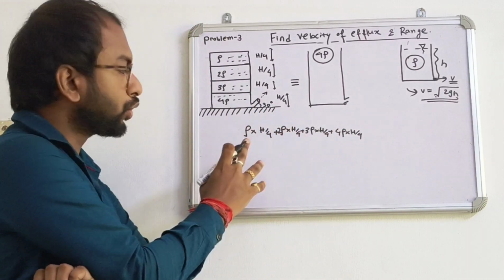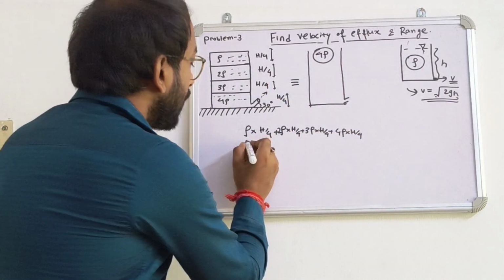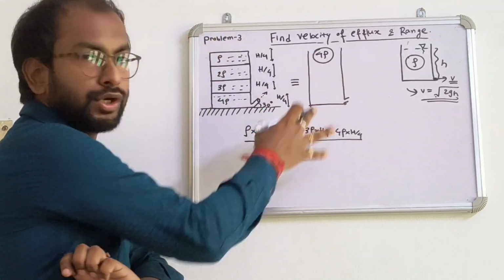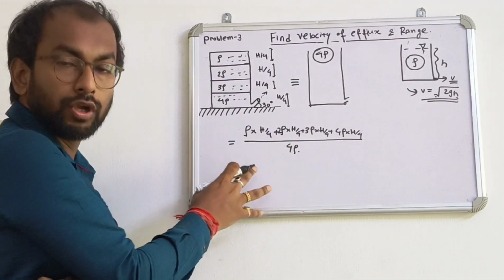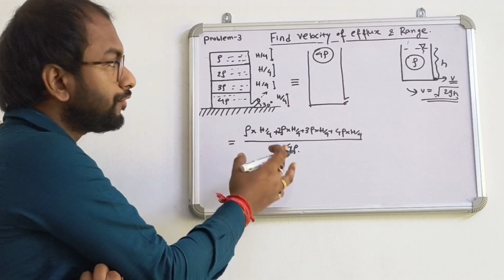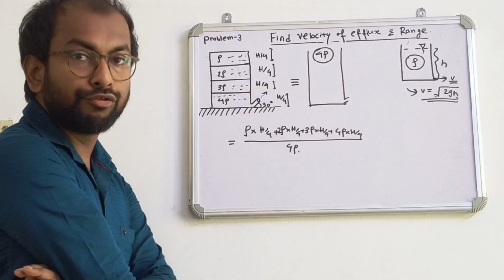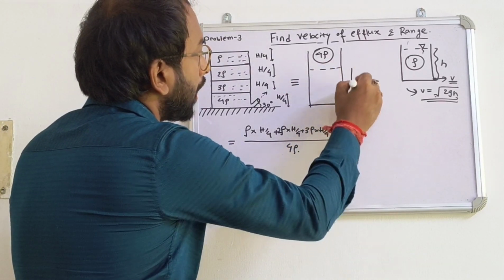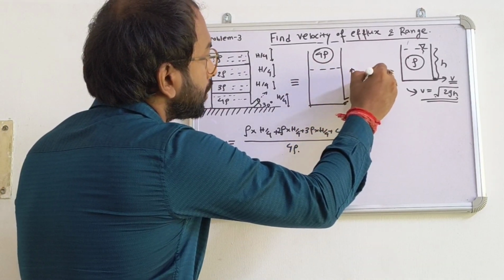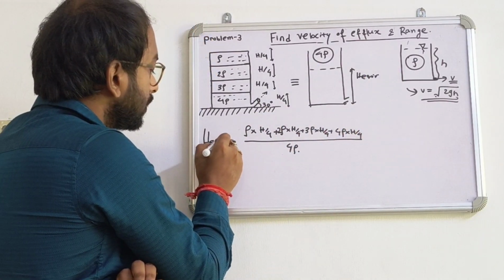Summation of the column heights multiplied by their respective densities. Now I am filling it with the density of 4 rho, so I have to divide by 4. This is the equivalent column height if we fill one container only with the density of 4 rho liquid. Let's say its height is h equivalent.